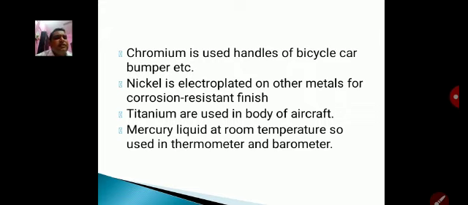Some important metals like chromium are used in the handles of bicycles, and nickel is electroplated, and other metals are resistant to corrosion, and mercury is a liquid at room temperature, so it is used in the thermometer and barometer.